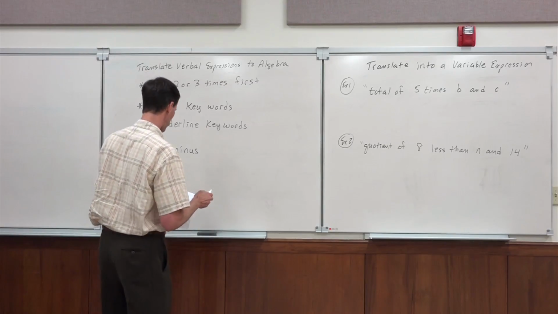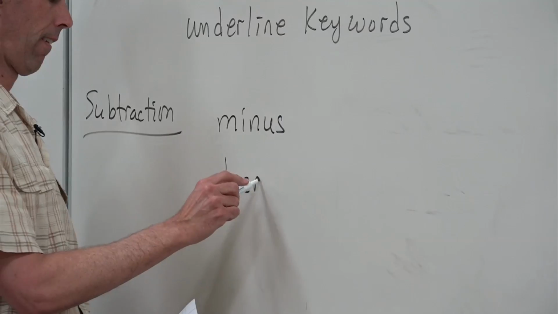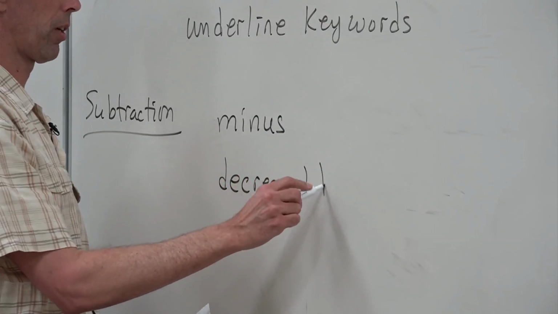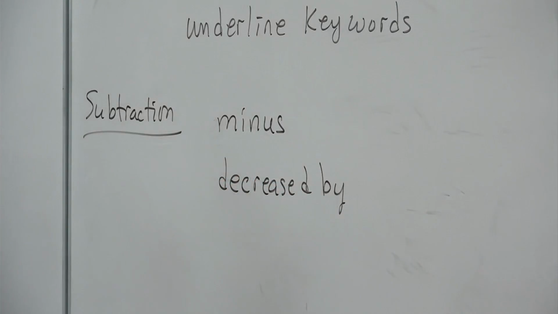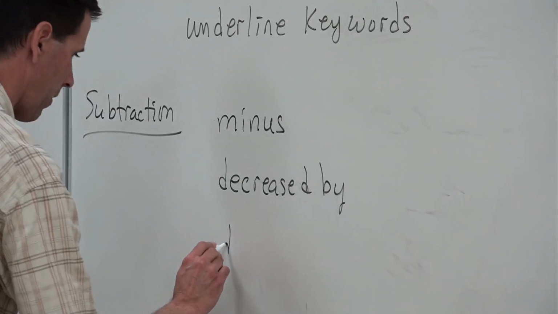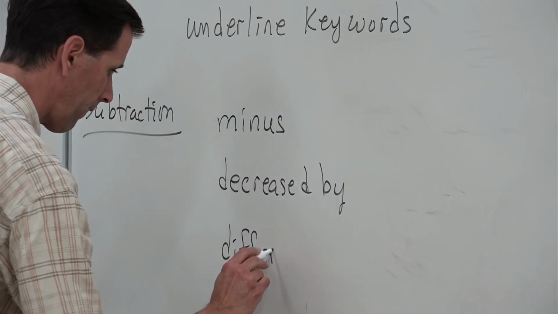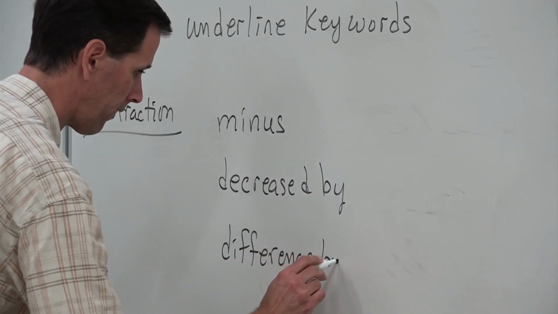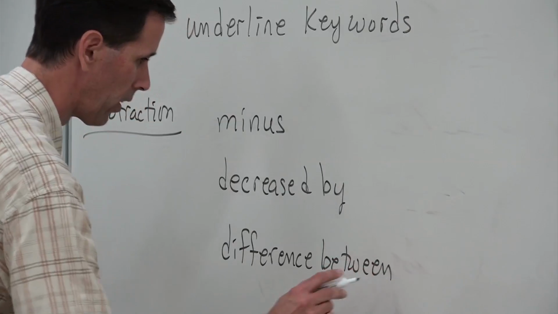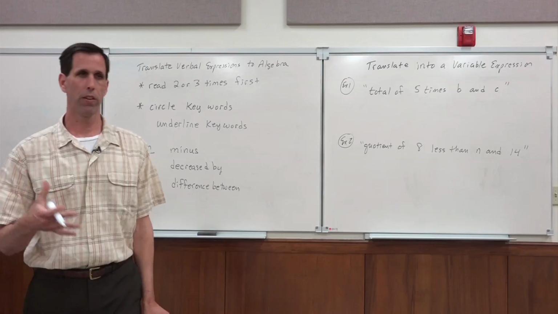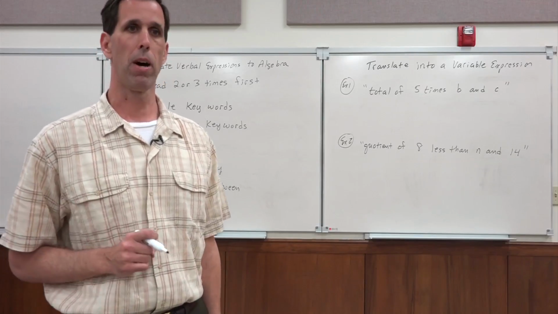How about decreased by? That would be another expression that would indicate subtraction. What is 20 decreased by 12? We're going to do 20 minus 12 and get 8. Or difference between is another common way to say it. You know, what is the difference between 15 and negative 8? You're going to do 15 minus negative 8.